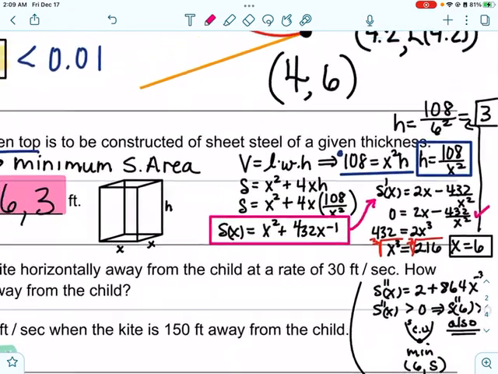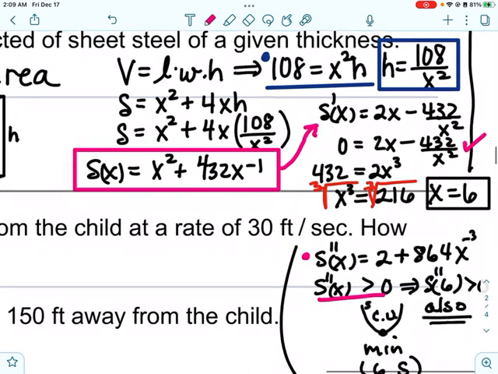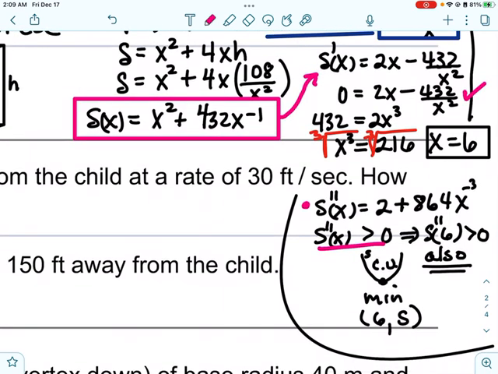Now if you want to clinch it, which I usually do, the second derivative is equal to 2 plus 864x to the negative 3. That's always going to be greater than 0. So S double prime of 6 is greater than 0 also, which means the graph is concave up, and 6, that's supposed to be an S for the surface area, is going to be at a minimum value. And that's what we want.